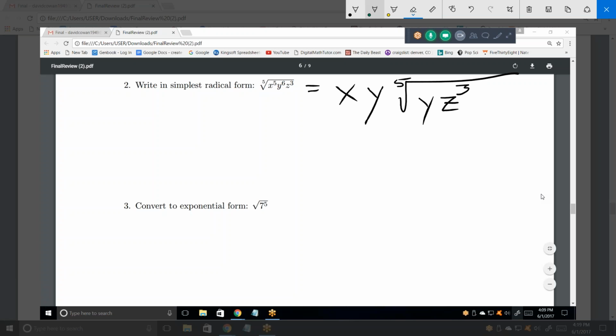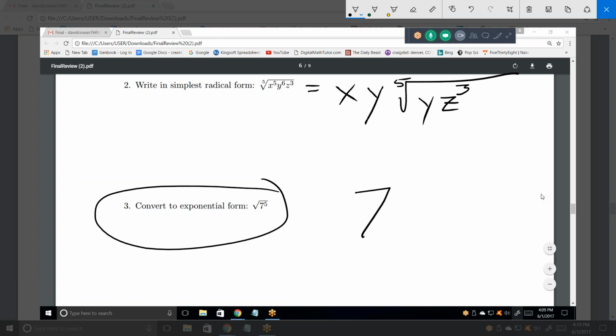This one here, how are we going to put that in exponential format? Exponential form, the square root of 7 to the fourth power. Now, here's the way you do it.